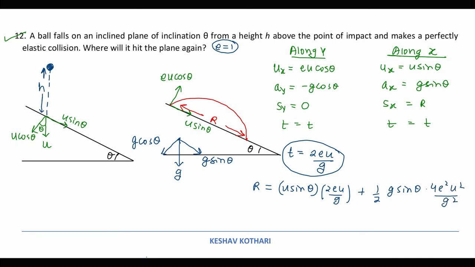So the value of r, if we put the value of e equal to 1, can be attained as 2u square sin theta by g, and over here will be e plus 1, that is 2, and 2 will be added. So if I put the value of u equal to root over 2gh, then the value of r is going to become 8h sin theta.